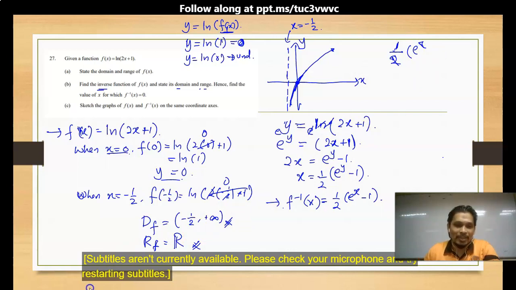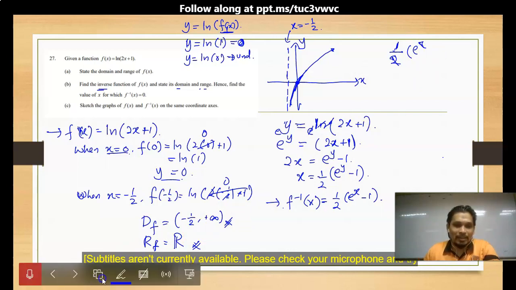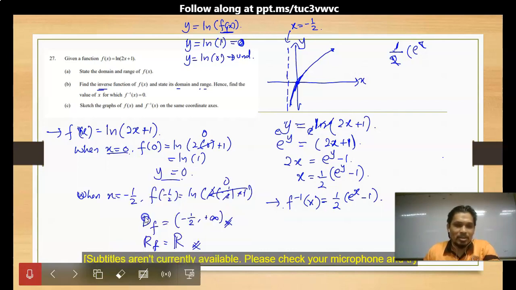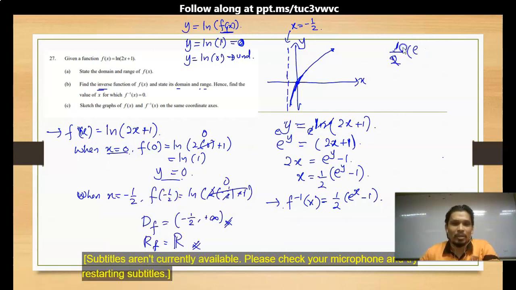Sorry. If I can't complete the discussion of this, I will let all of you try by yourself, with only questions B and C, to the end of this session.